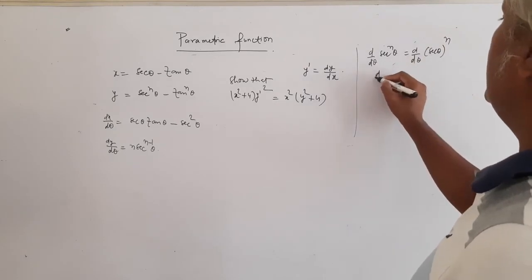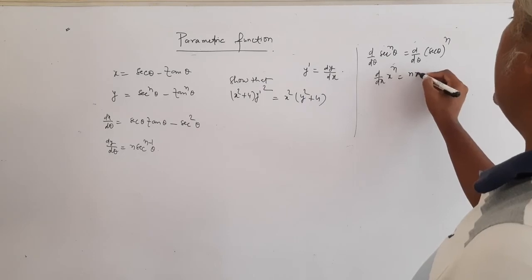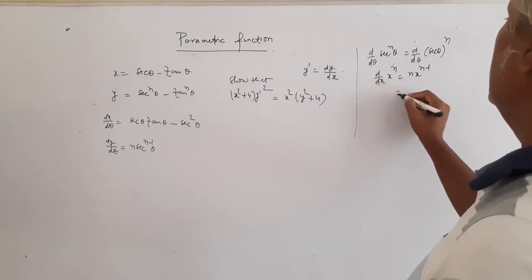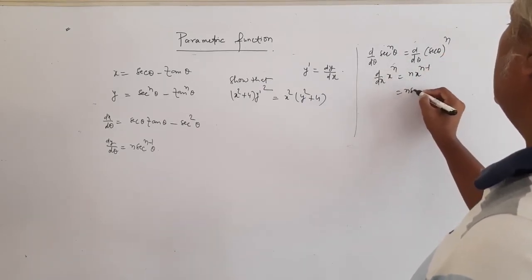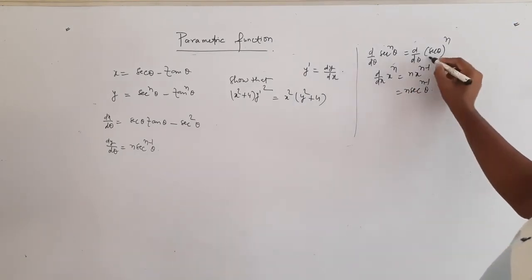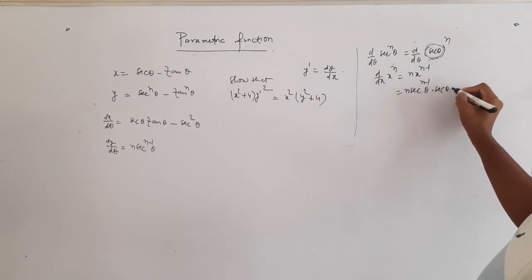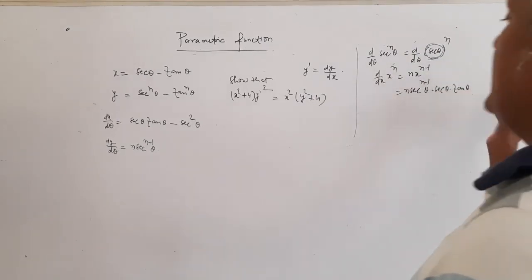So this one takes the form of d by dx of x to the power n, which is n x to the power n minus 1. So this one also will become n sec to the power n minus 1 theta. But this was not x, this was something, so we have to find the differentiation of this something also, and that is sec theta into tan theta.